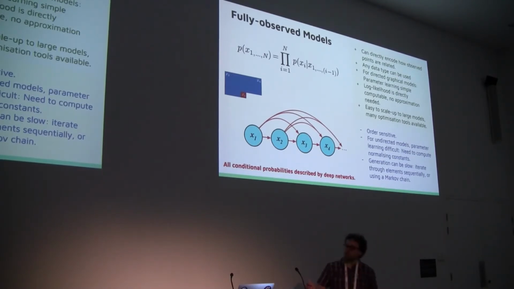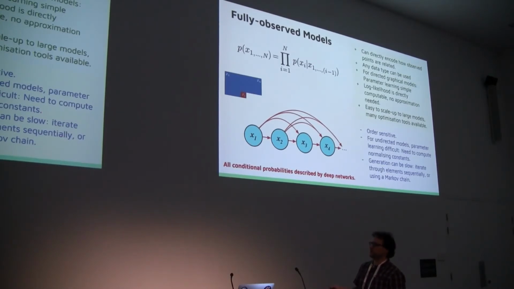However, they also have some drawbacks. One of them is that it's order sensitive. Of course, as I said, you have to choose an order in which you're going to generate your data, and this order may have a large impact on performance. Although empirically it doesn't look like this is such a big deal for images, you can probably imagine cases where this would be problematic.